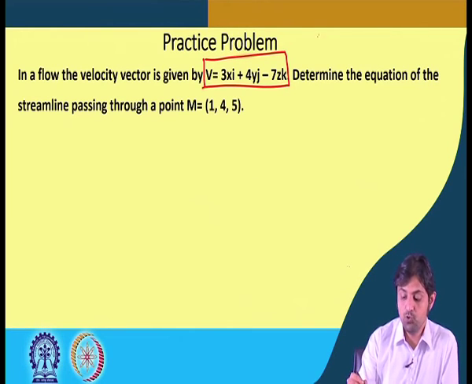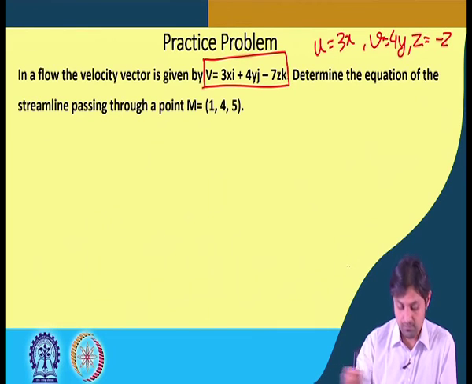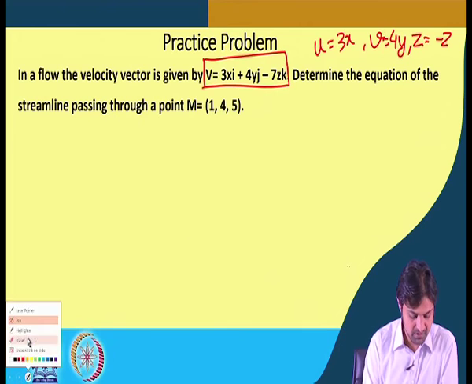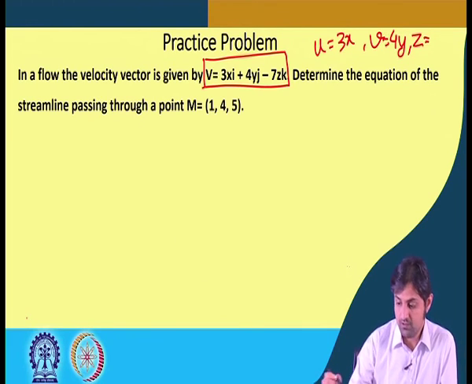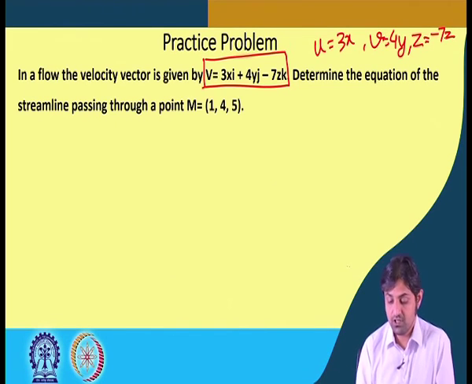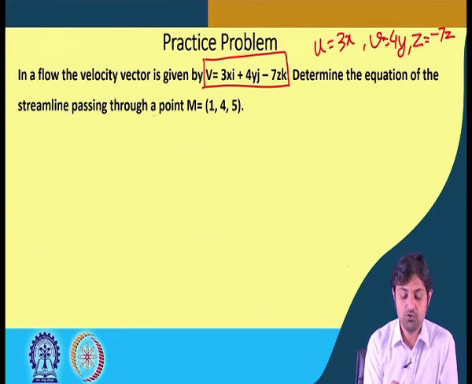This means the u component is 3x, the v component is 4y and the w component is minus 7z. Now the question is, determine the equation of the streamline passing through a point M, where M is given by (1, 4, 5).